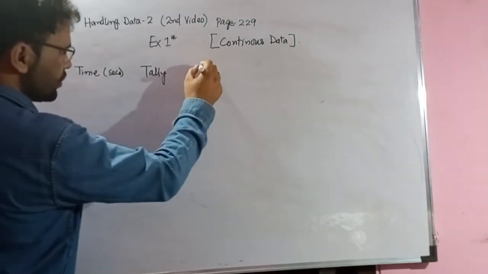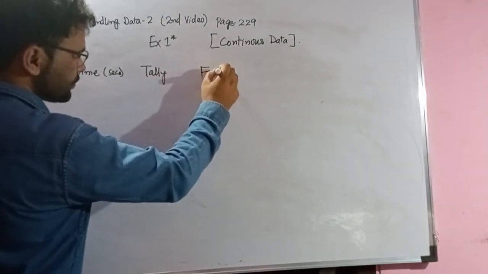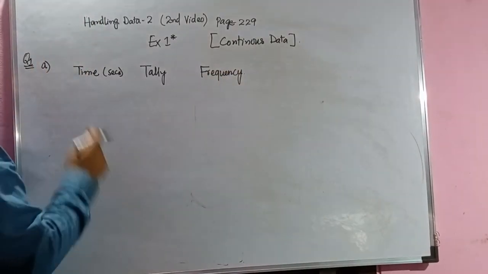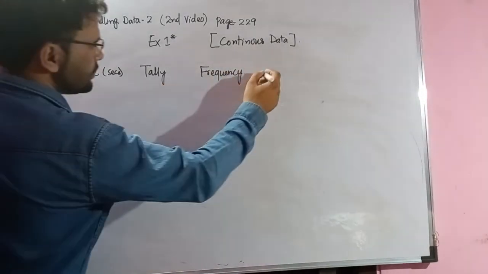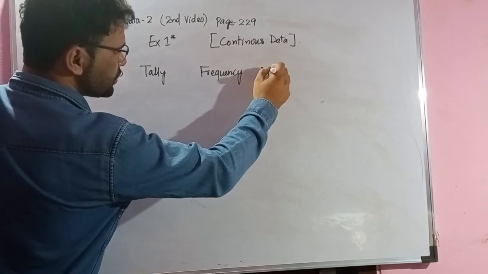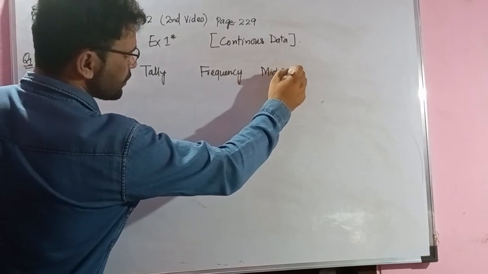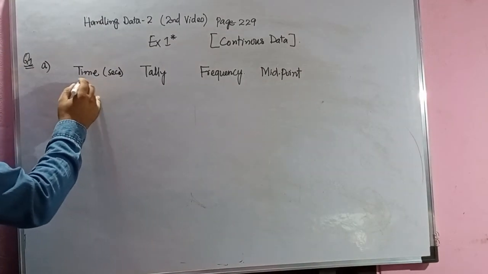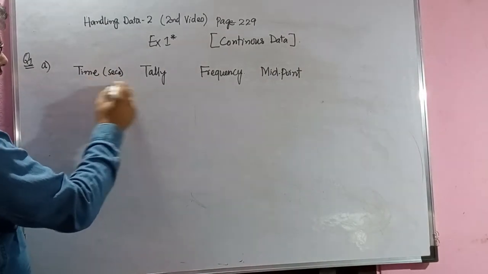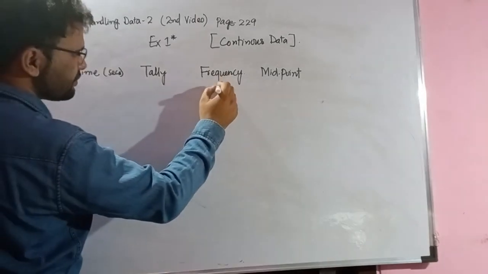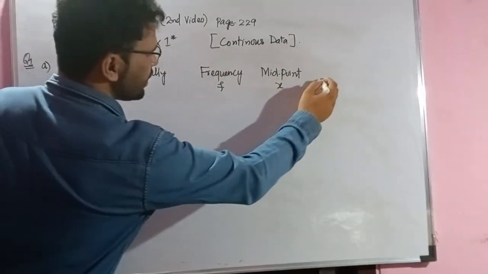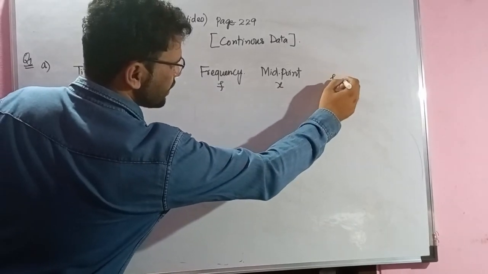Then I will write frequency. Then one more I have to write here, that is midpoint. Here this is time, there will be classes, this is tally, this is F, here we have X, and then here it will be F into X.